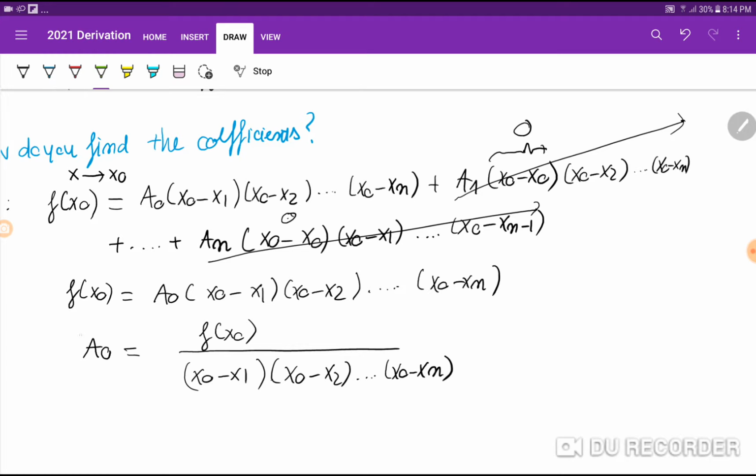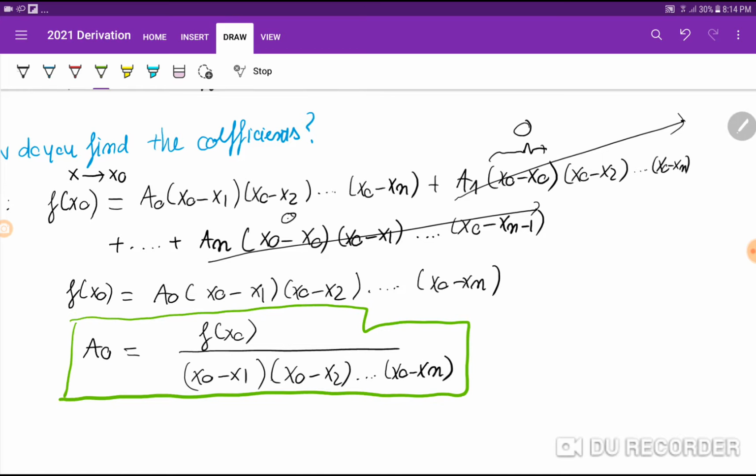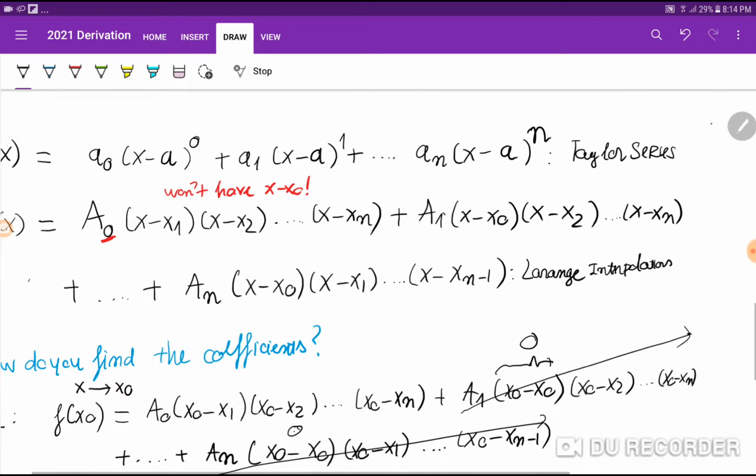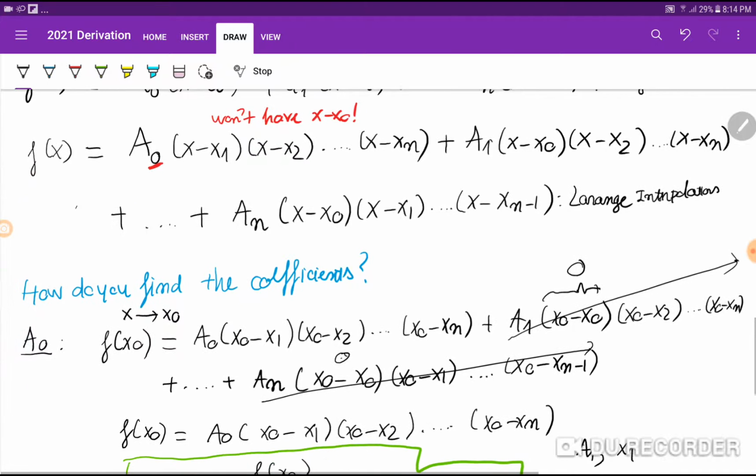Okay, this is how you find a0. And similarly, if you want to find a1, you can plug in x1. If you want to find a2, you can plug in x2. So yeah, that's basically the Lagrange interpolation.